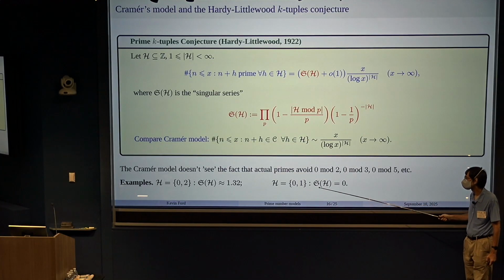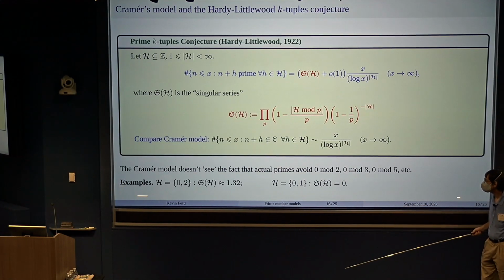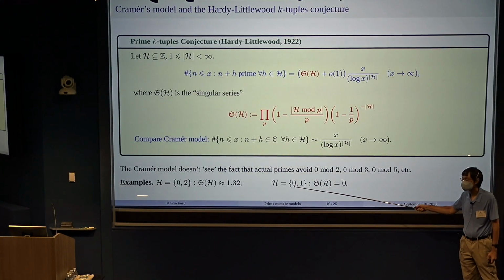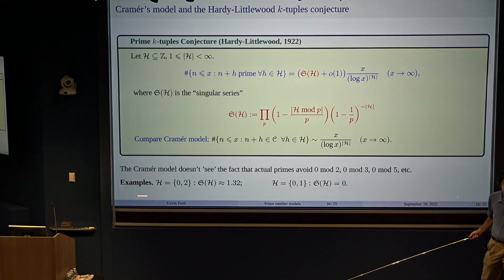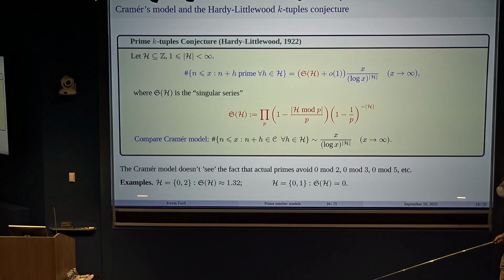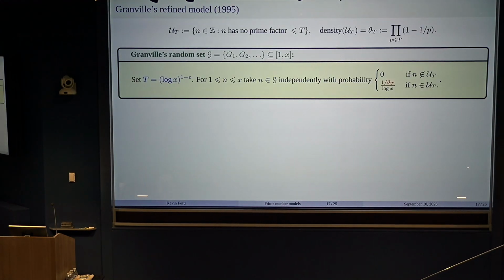So this constant is 0. But the Cramer model has lots and lots of pairs of consecutive elements with high probability. So that's the most, I would say, well-documented flaw in the Cramer model. Granville's refined model was designed to correct this flaw.